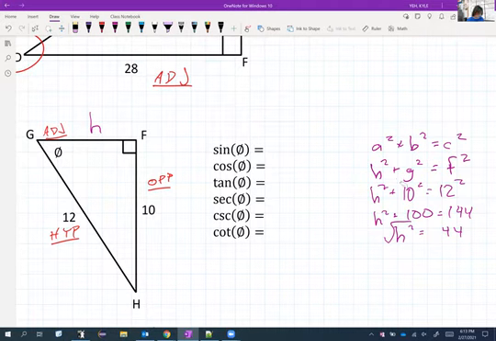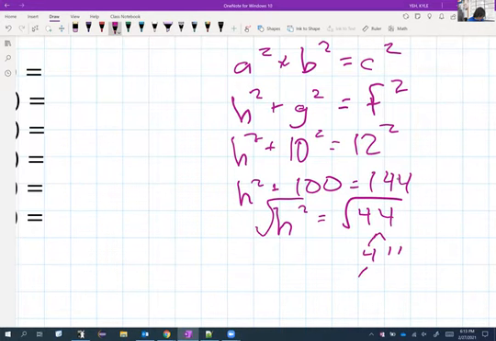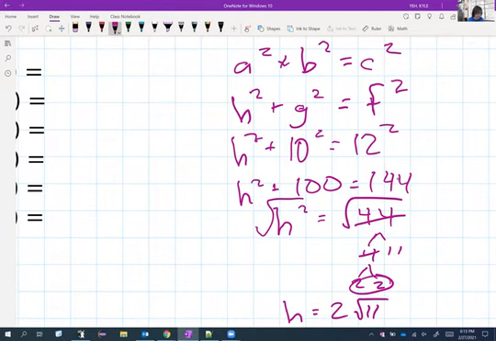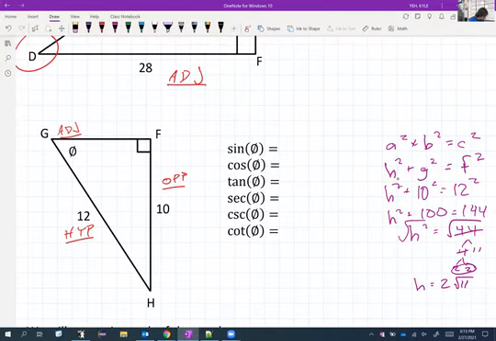If you can't tell, I'm pretty tired right now. So right there, square root both sides. This is 4 and 11, 2 and 2. So h equals 2 root 11 in this problem, obtained from the Pythagorean theorem, 2 root 11.